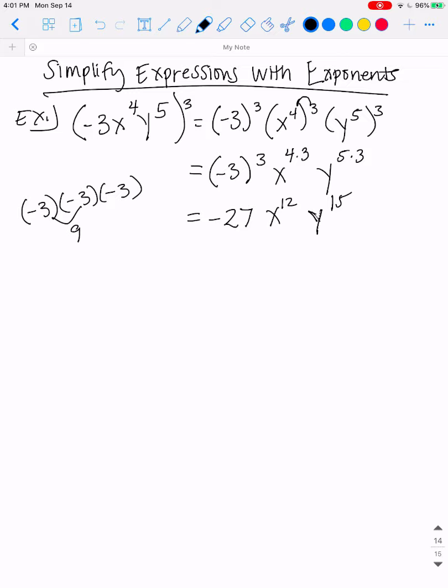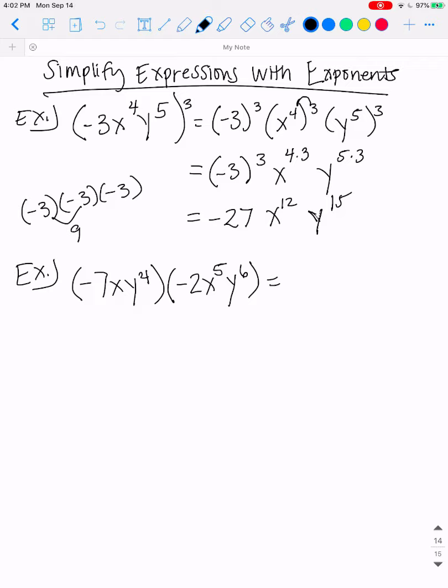Okay, let's do another example that's a little bit trickier. Here we're going to have two expressions that are multiplied together. Don't be afraid to take these problems slow so we don't lose a negative or lose an exponent or mix up rules.